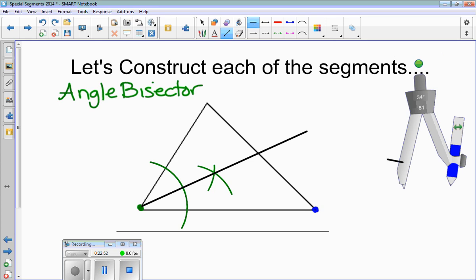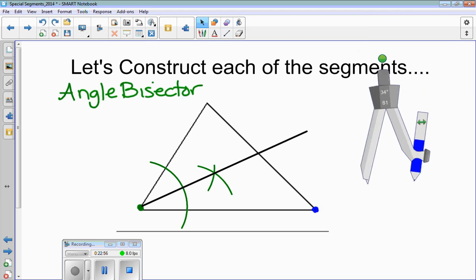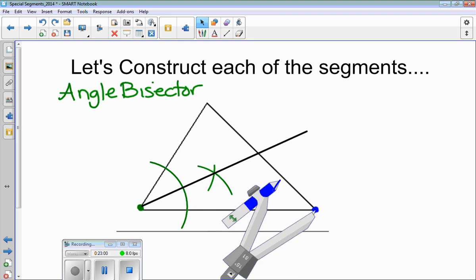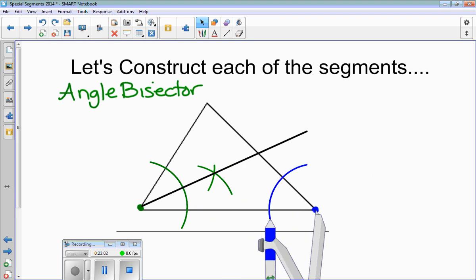So I'm going to move my compass to this point. I'm going to create an arc across that angle. Remember, you want to do this on a flat surface, not on your binders. Much easier.